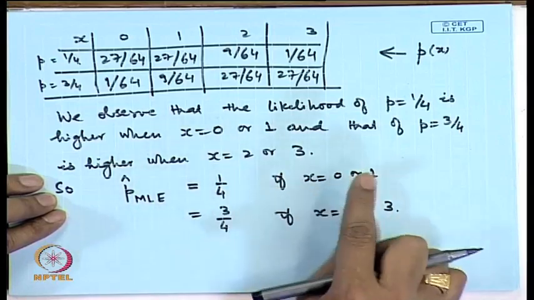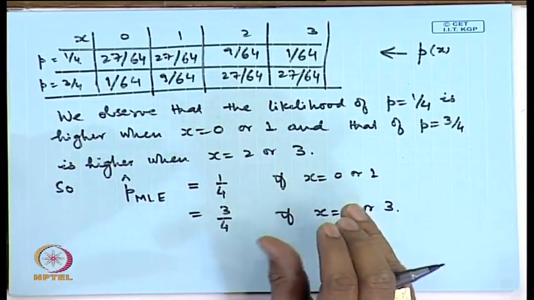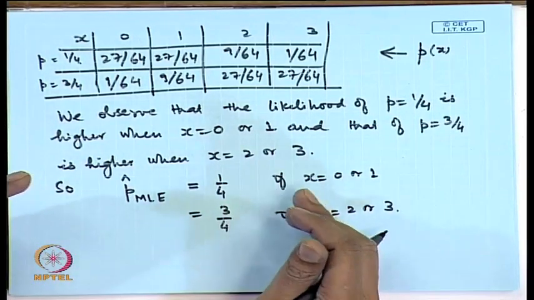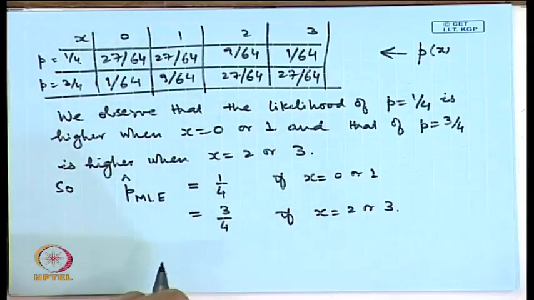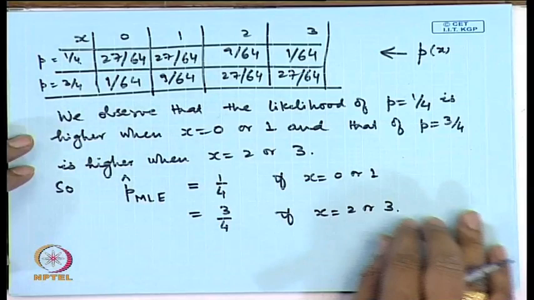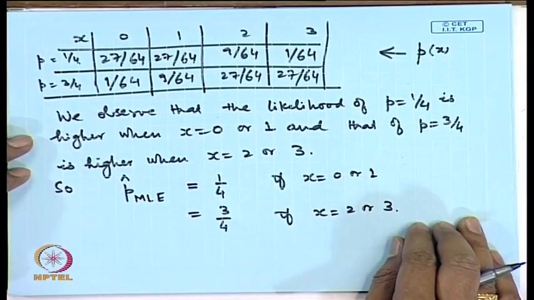So, this method of maximum likelihood estimation is an intuitively appealing procedure, because it says that based on my sample, which I have already drawn, let me use that information for coming to a conclusion about the value of the parameter.